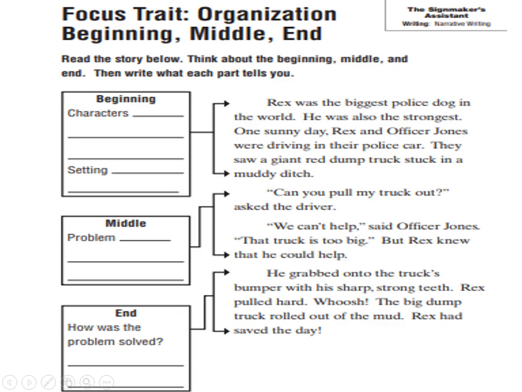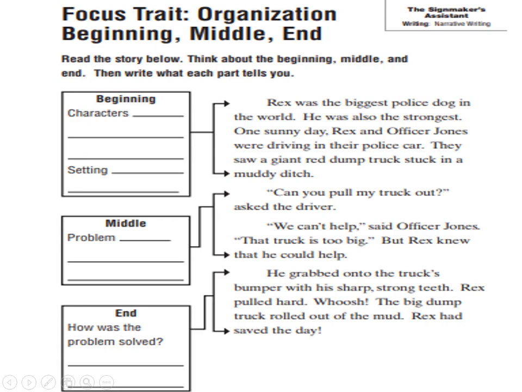They saw a driver asking for help as his truck was stuck in a muddy ditch. And at the end of the day, who found the solution? One of the characters, and happily it was Rex, our strong dog, who found the solution and pulled hard the truck out of the mud.